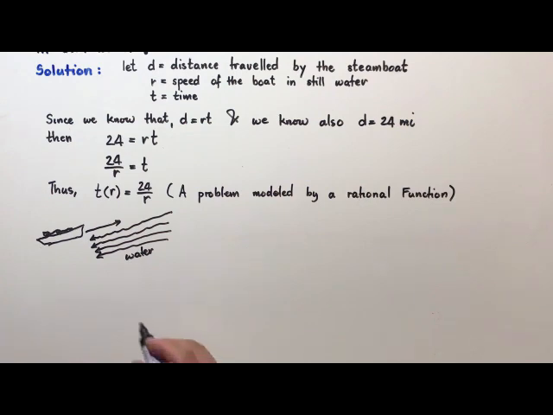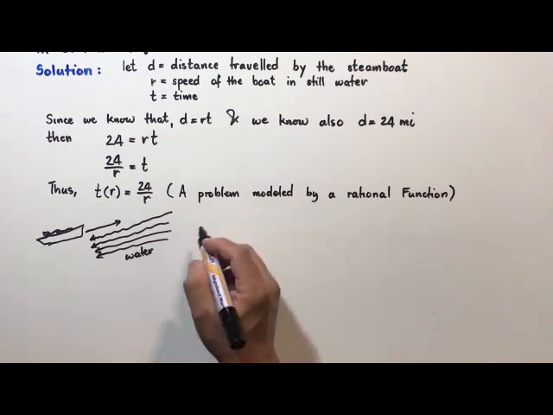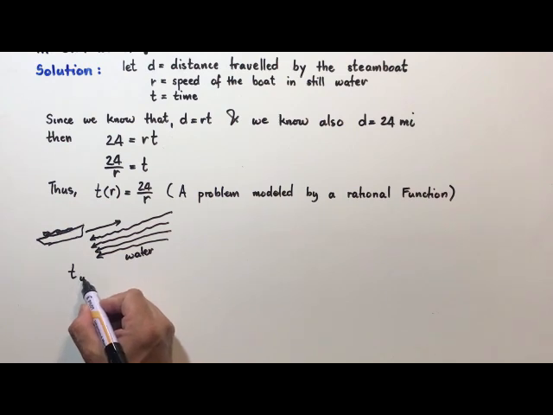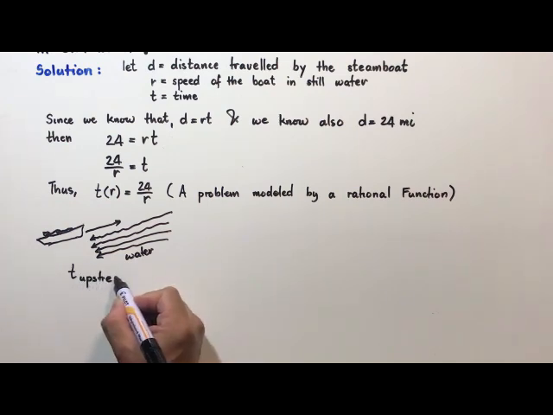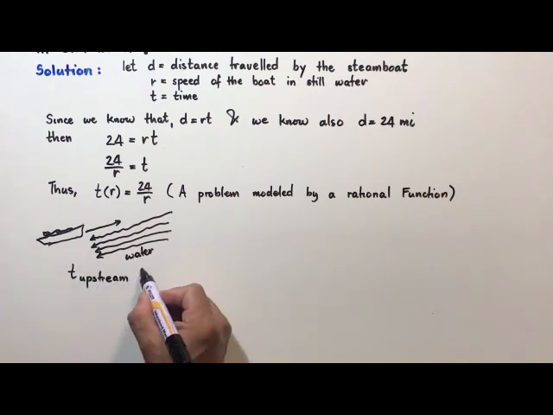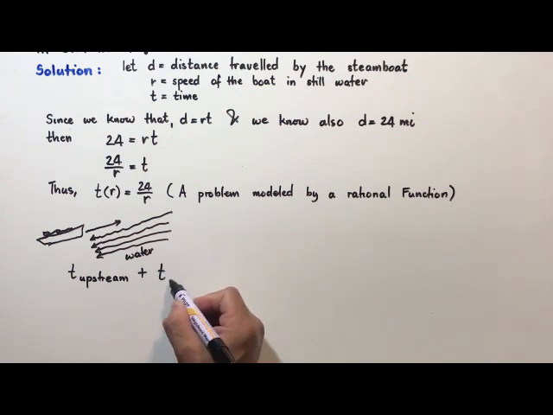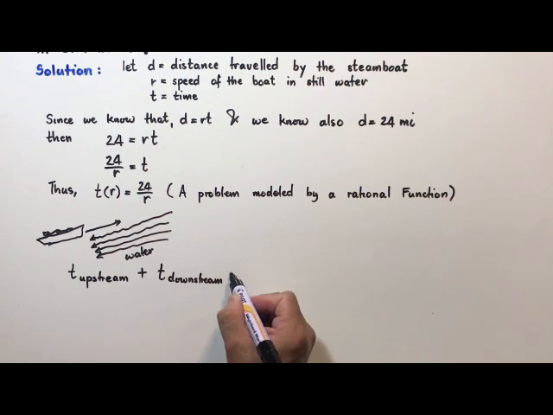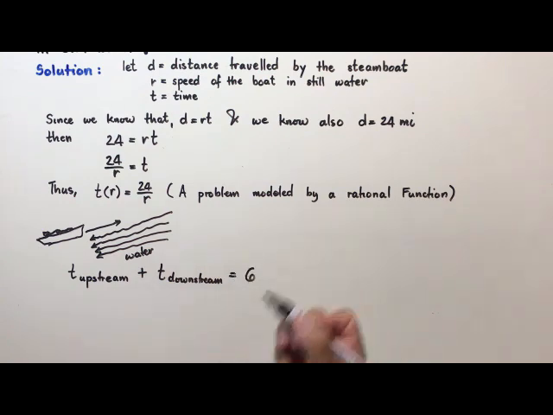So if you use the information there, the boat is going upstream at a distance of 24 miles and then returns to the same position in a total of 6 hours. So we say that the time spent in traveling upstream plus the time spent traveling downstream is equal to 6 hours.